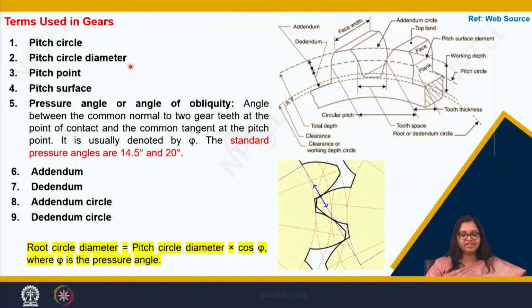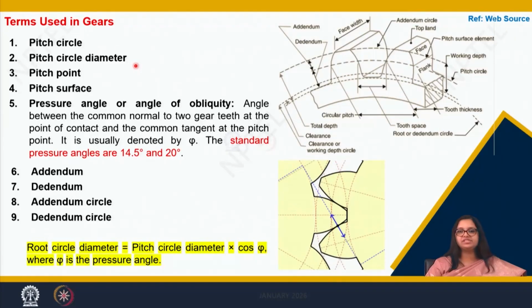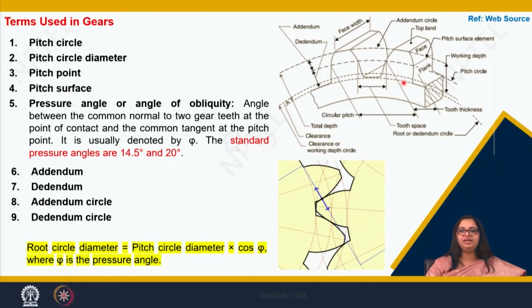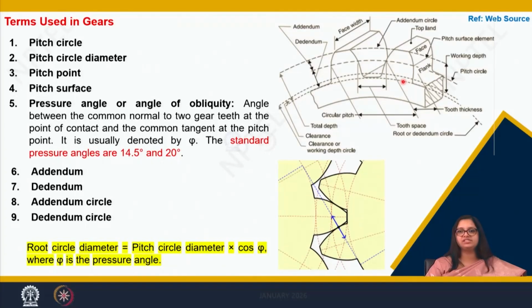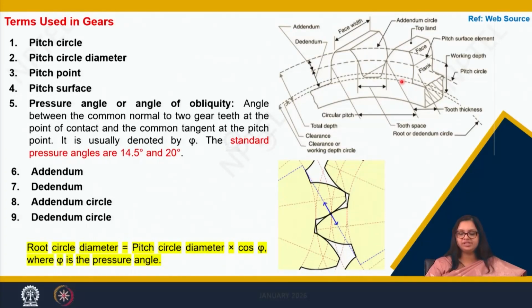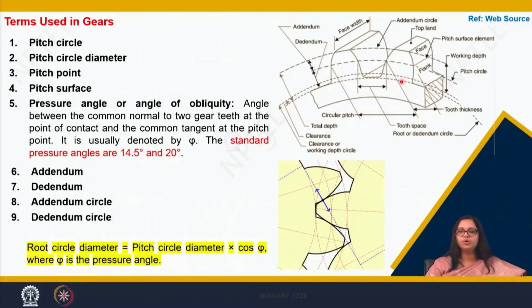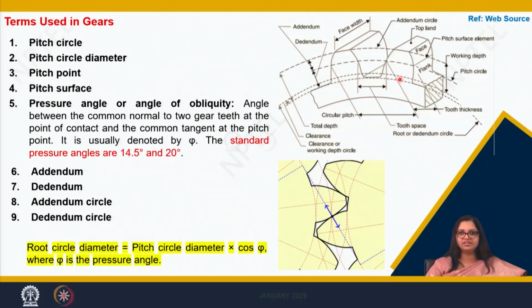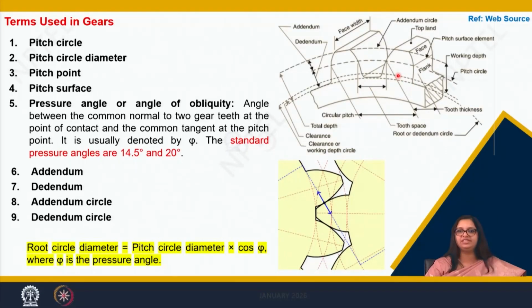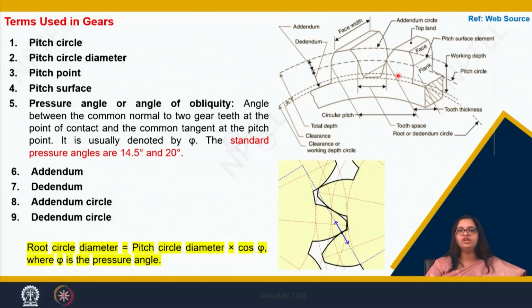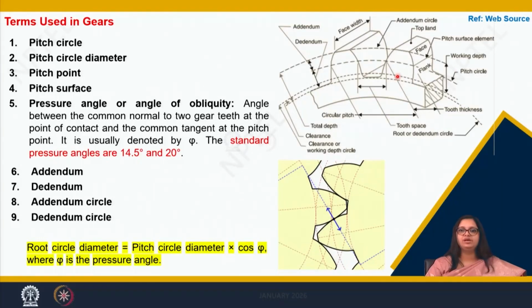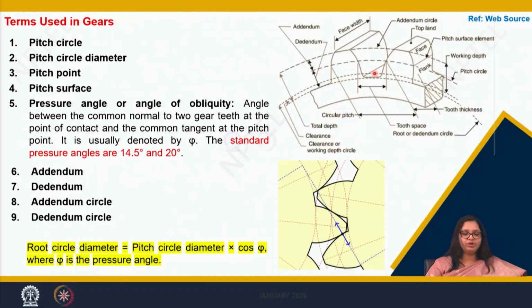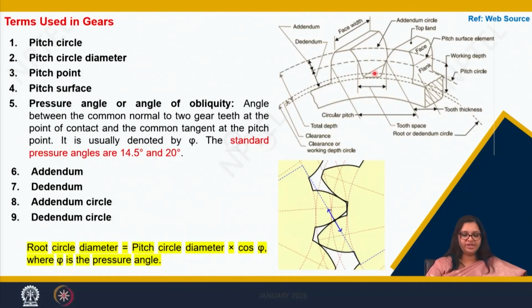Now the second terminology is the pitch circle diameter. When there are two wheels, the imaginary circle which helps in meshing of the two gears, we call the pitch circle, and the diameter of that circle we call the pitch circle diameter. And the point where these two wheels mesh with each other, we call the pitch point.